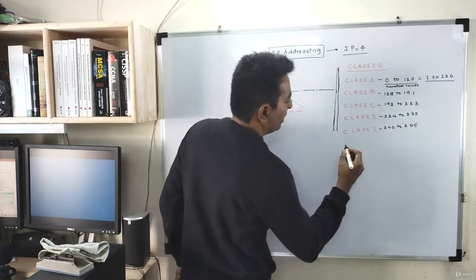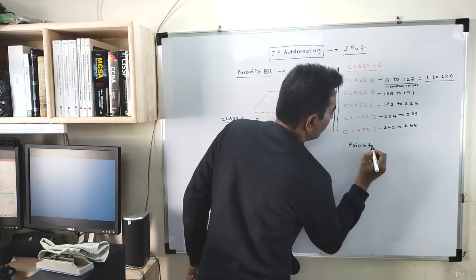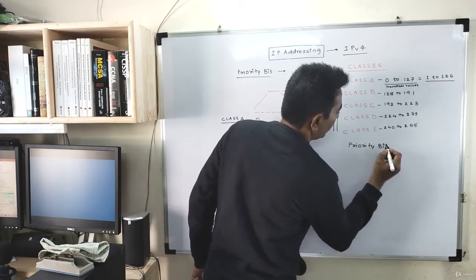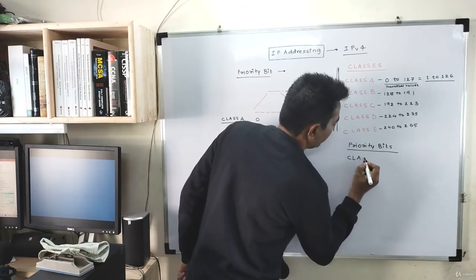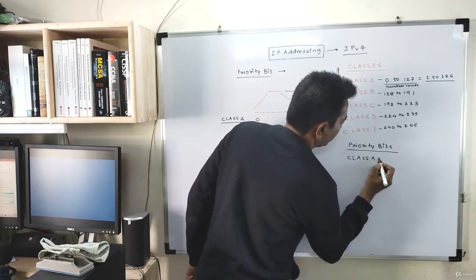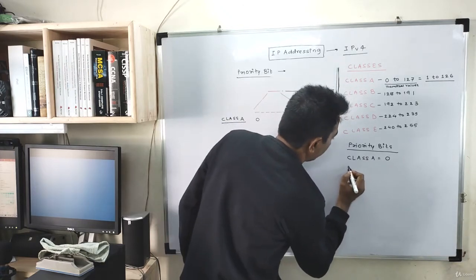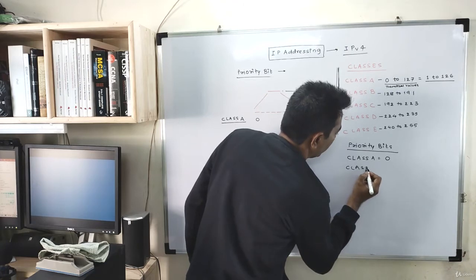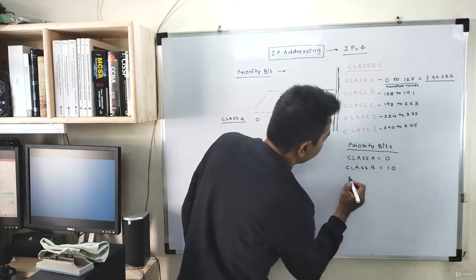So priority bits. For class A, the priority bit is defined as 0. For class B, the priority bit is defined as 10.